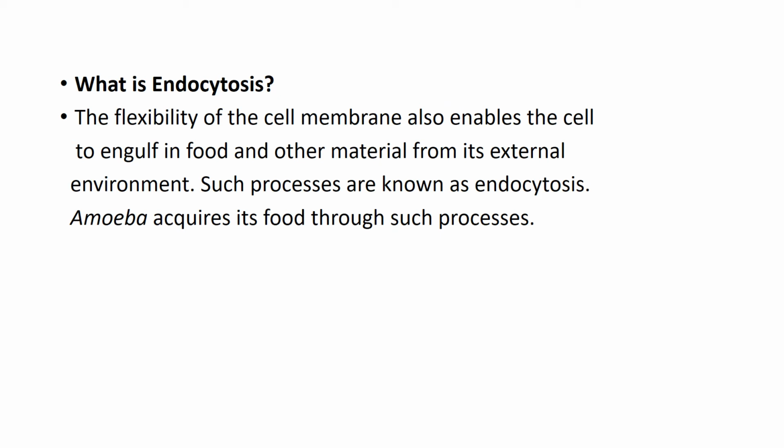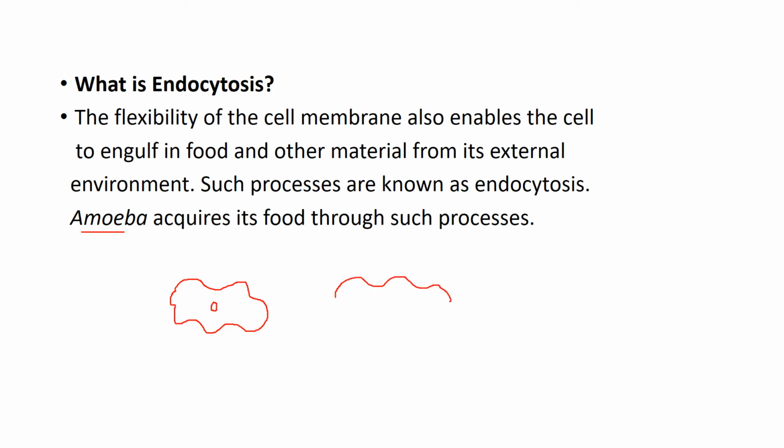Due to the flexibility of the cell membrane, you know that amoeba, the unicellular organism, acquires its food. How does it do it? Suppose this is the structure of an amoeba. It enlarges the membrane to catch its food.